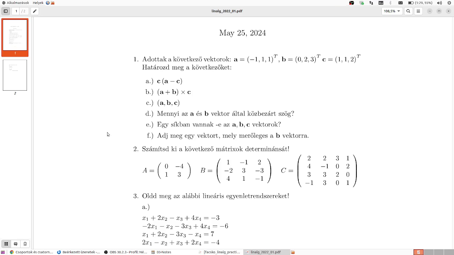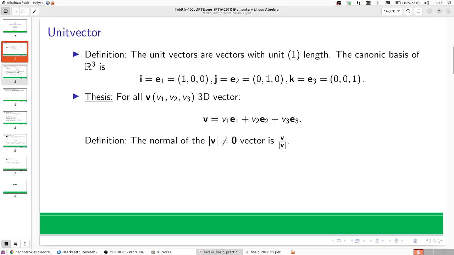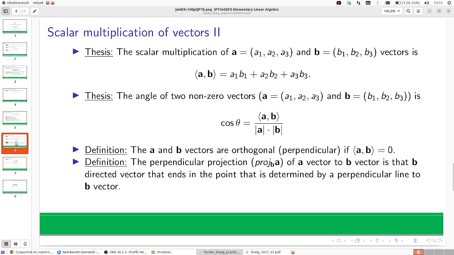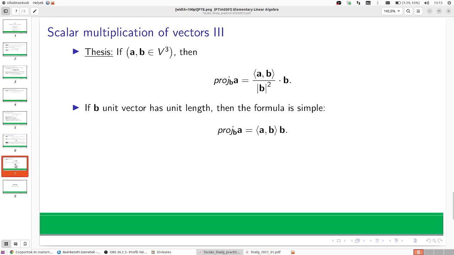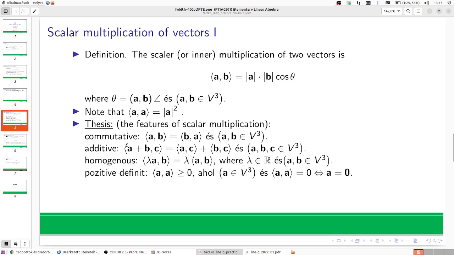Remember, it was one feature of the scalar multiplication of vectors. So I can do this. You remember? That was last time. No, it was here. You can see this one.